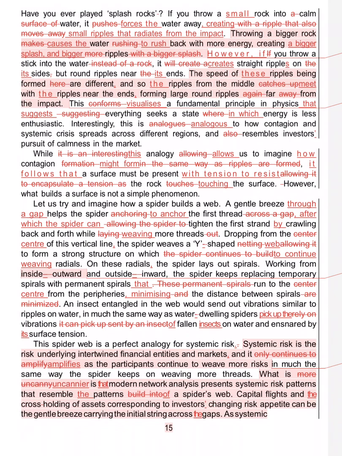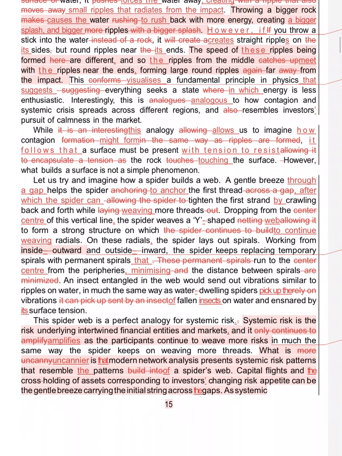Bad sentence. Weaving more threads. Okay. After which, so a gentle breeze through a gap helps the spider to anchor, not anchoring, the first thread, comma, after which, another sentence, the spider can tighten the first strand. How? By crawling back and forth while weaving more threads.